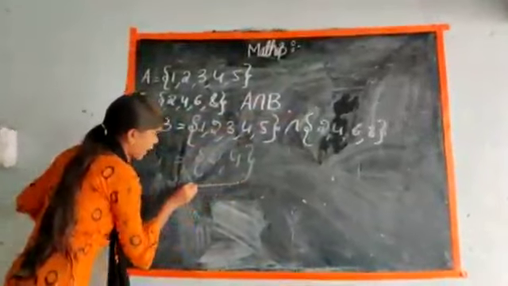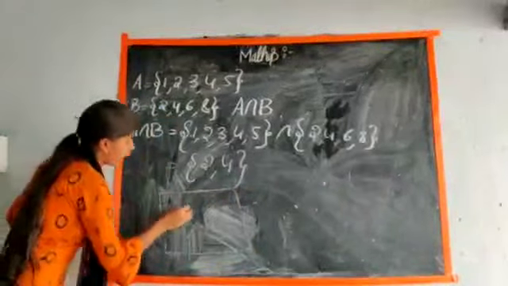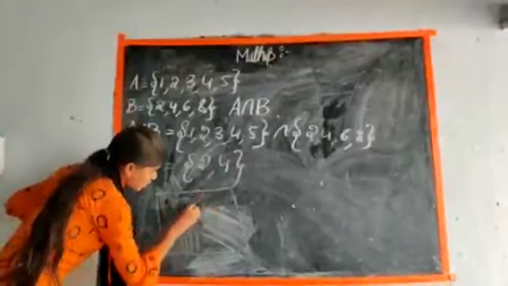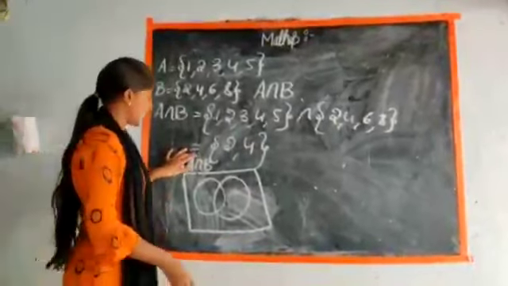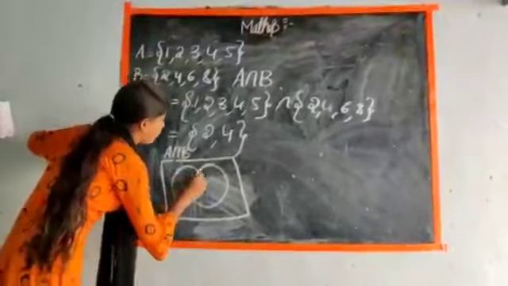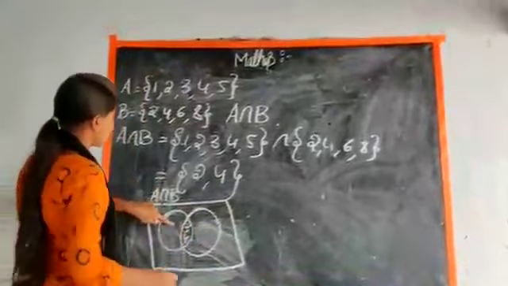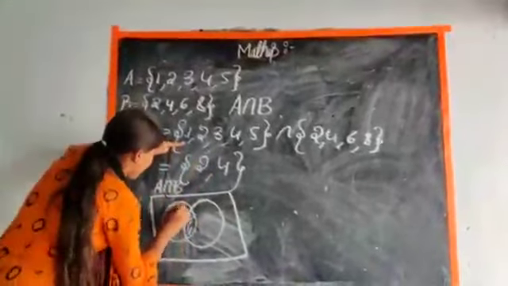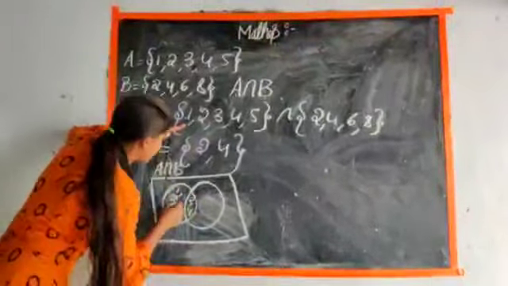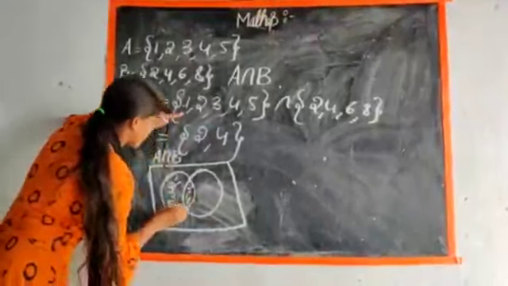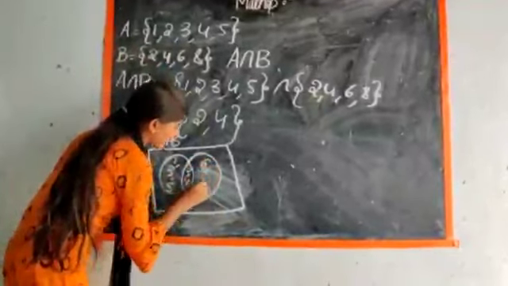So the Venn diagram for A intersection B: we have to write the common elements in the common place, and except 2 and 4, the remaining elements in the first set are 1, 3 and 5, and in the second set, except 2 and 4, 6 and 8 are the elements.